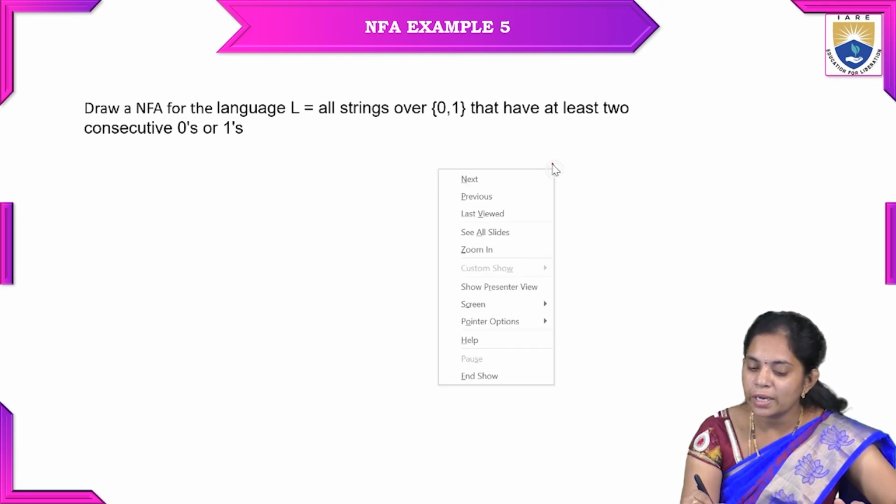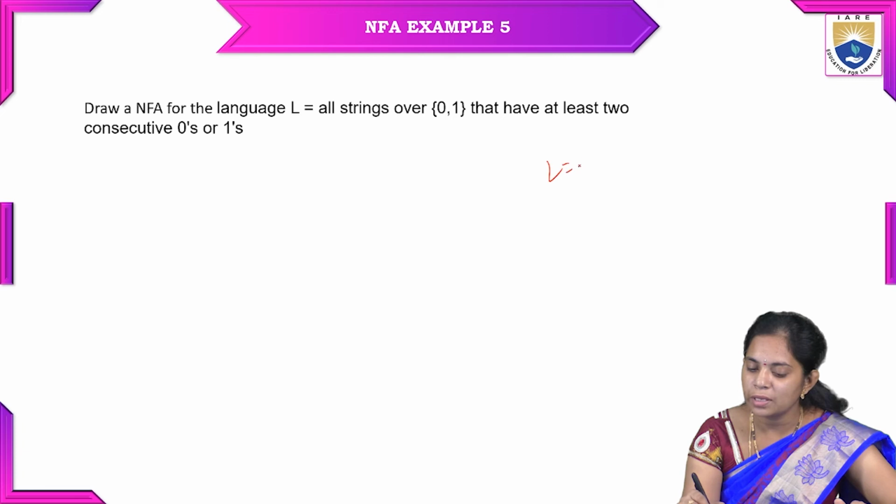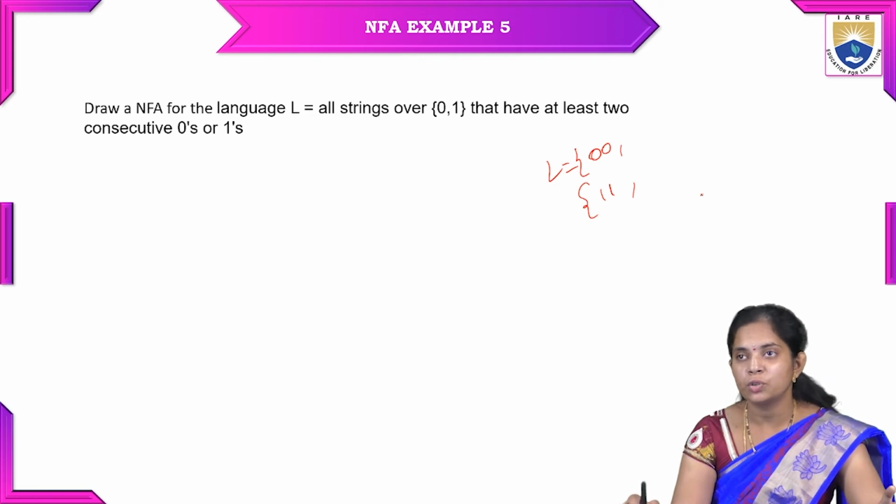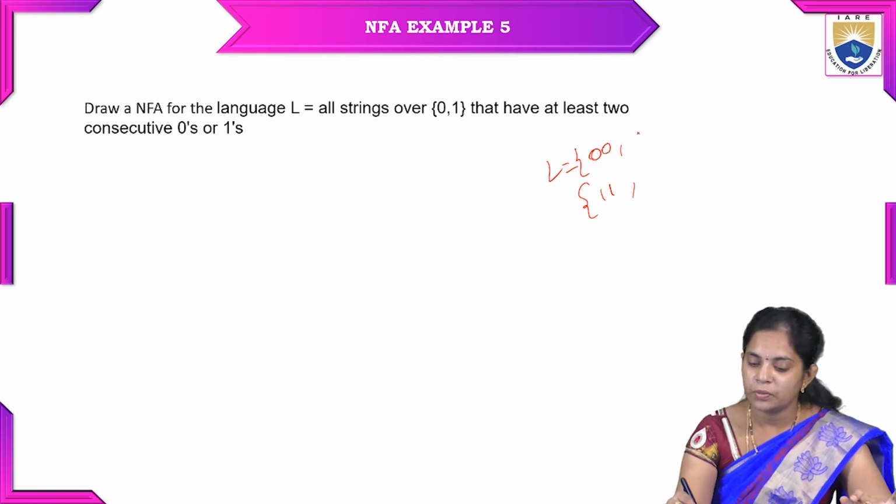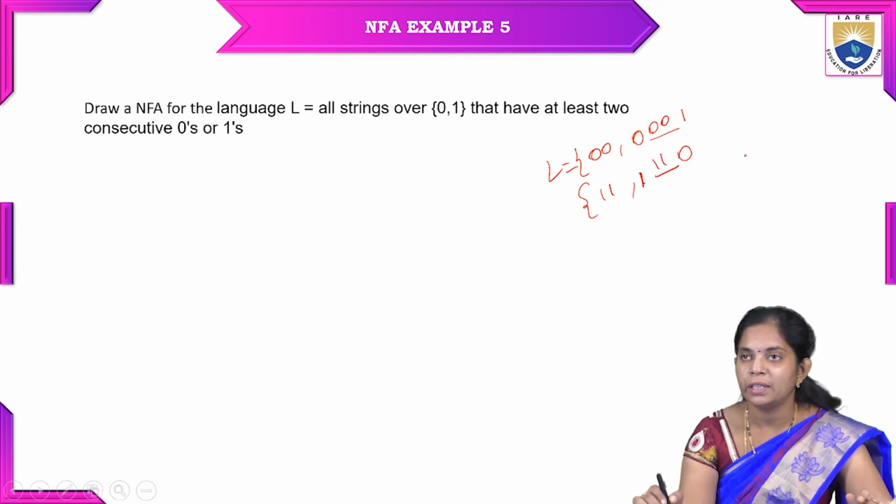Here there are two conditions, the language having either 0 or 1. So these two conditions should be satisfied. We can start with 0 and end with something, 1, sorry, we can end with anything.